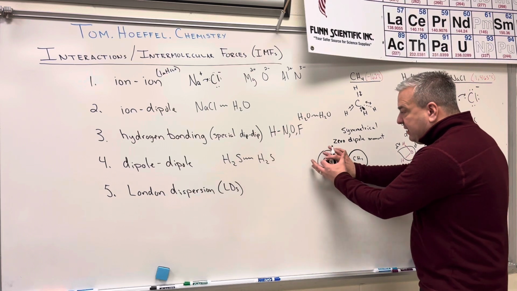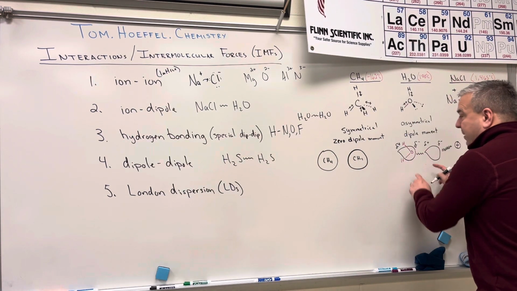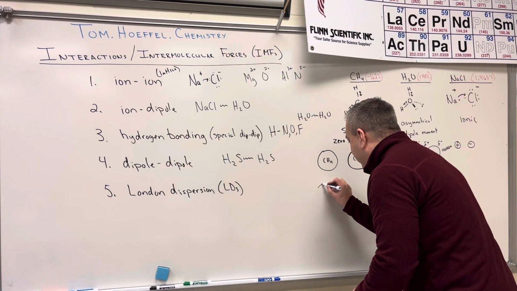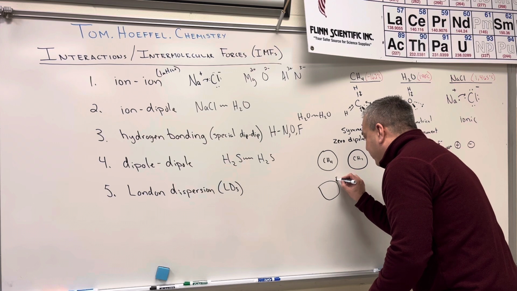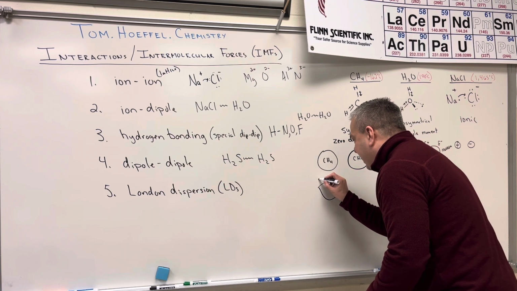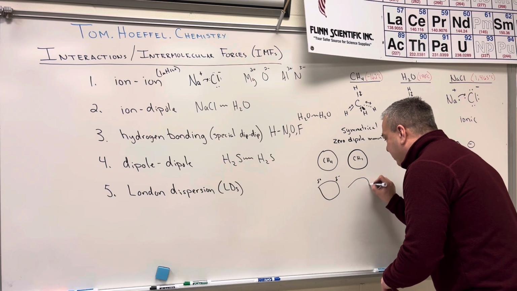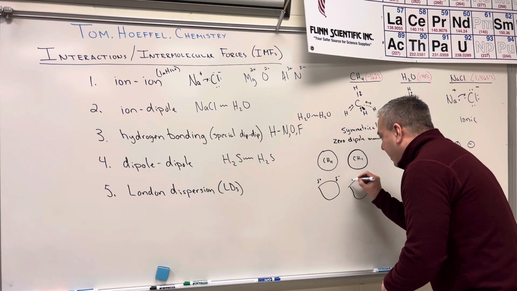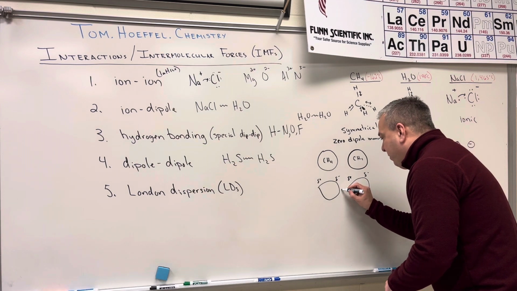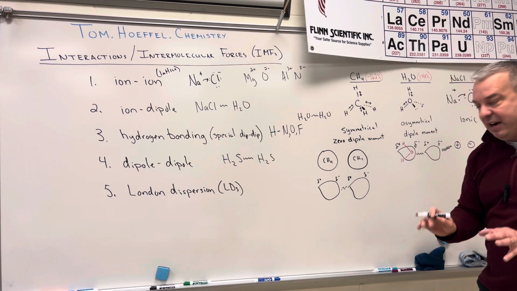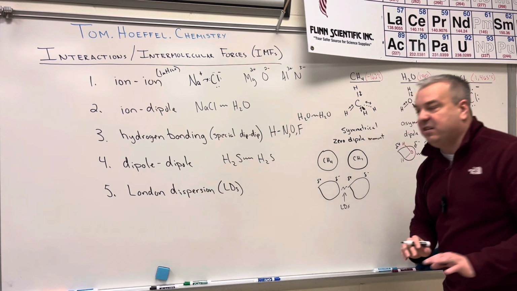If we distort this cloud just a little bit, maybe not the extreme over here, but maybe we push the electrons over there just a little bit, and we create just a small partial negative side and a small partial positive side, well, that will do the same thing to this one. It will start to distort it, and this will be the partially positive side, and this will be the partially negative side. And there will be a tiny little interaction between those molecules, and that's what we call London dispersion forces.